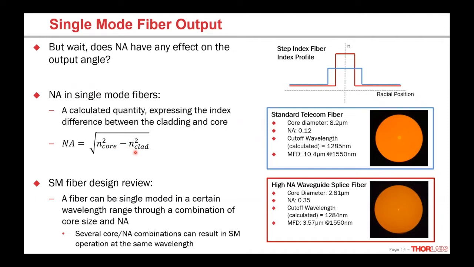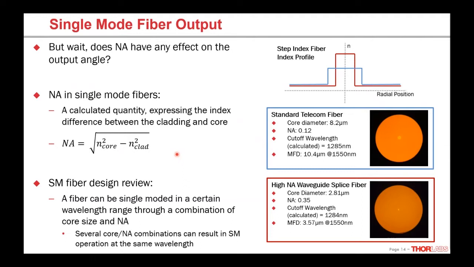Now it's really important to note, sometimes in certain manufacturers' fibers, if you look at their spec sheet for a single mode fiber and they give you NA, it refers to this. That's how it would be for the fibers we manufacture and sell here at Thorlabs. But some other fiber companies, including Corning's SMF28 we talked about, specify an NA which is basically from a microscopy point of view.